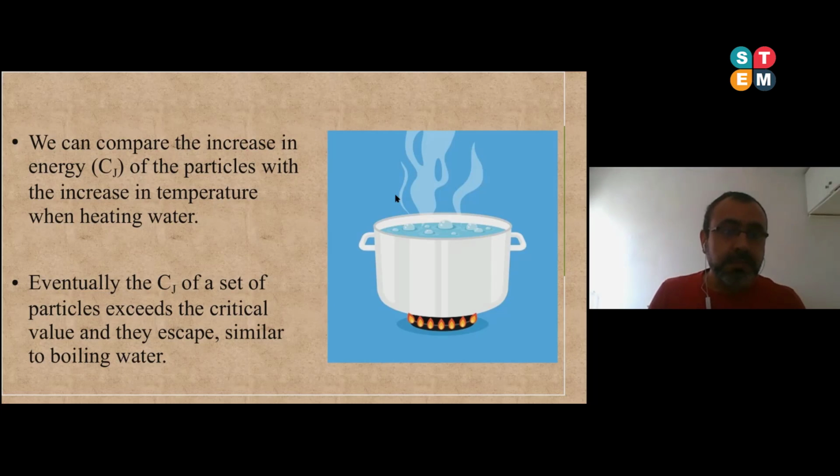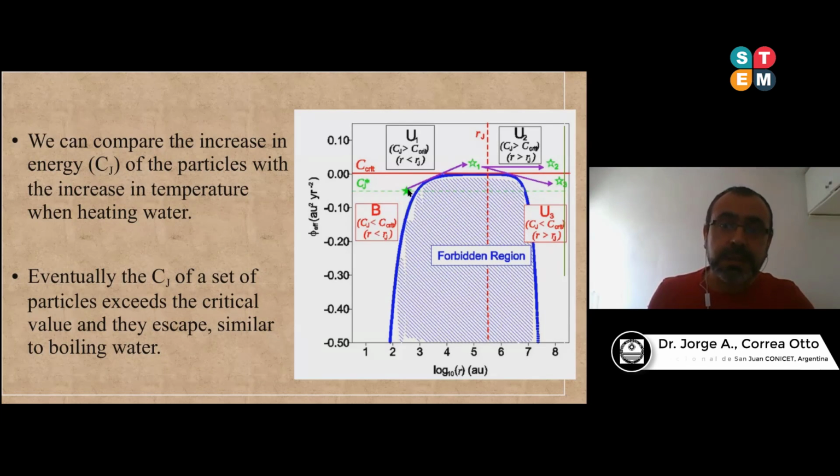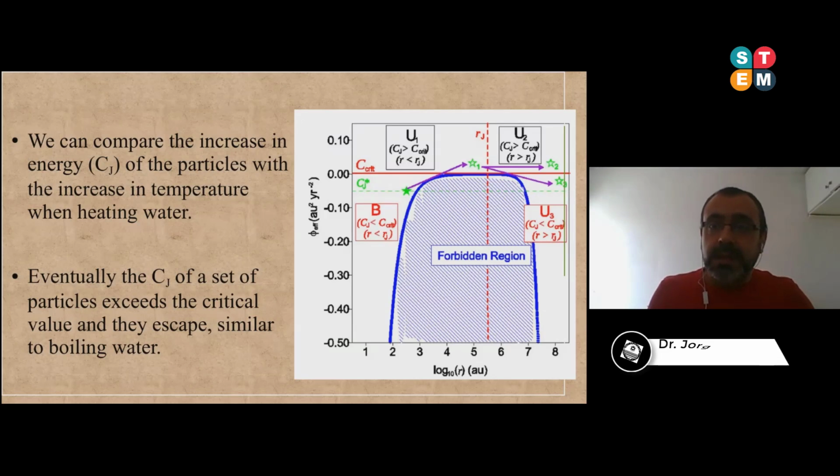Like a particle eventually crosses the critical value and escapes, in the water we will have boiling water. So our results indicate a way for the escape of the particles of the cloud. They have a slow increase of the Jacobi constant until they pass to the region U1, and then the next stellar passage will increase the heliocentric distance and the particles move through the region U2 or the region U3.